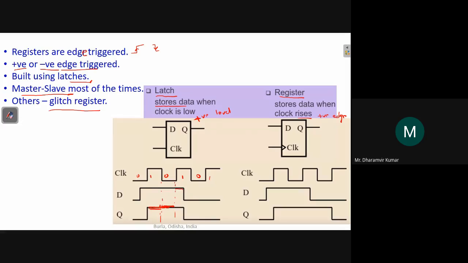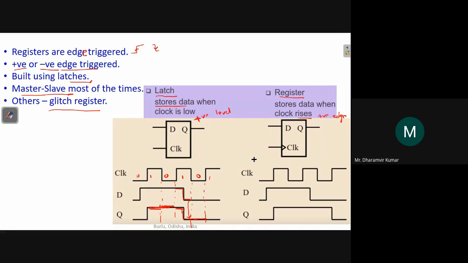So whatever input change takes place will be reflected here like this. And when it enters into hold mode, the last copied data will be maintained throughout this hold mode, and it will continue like this.